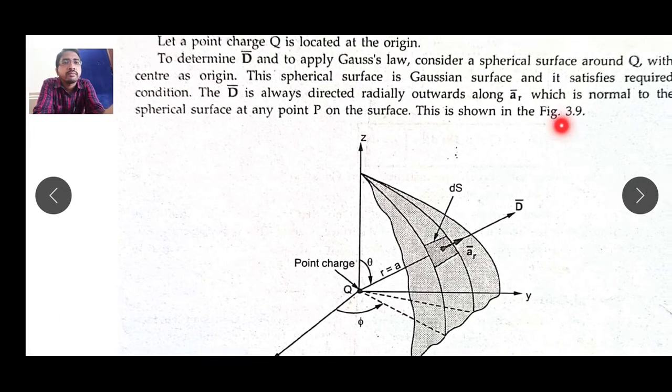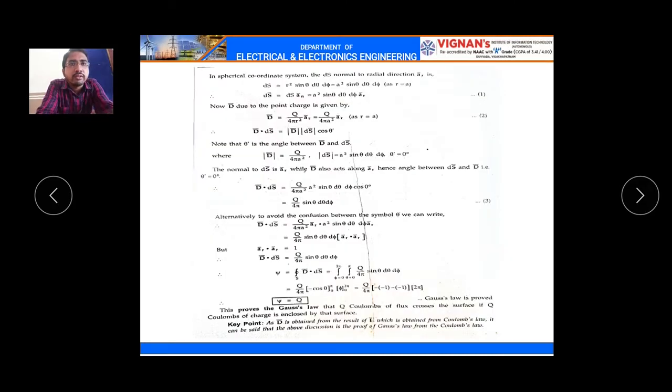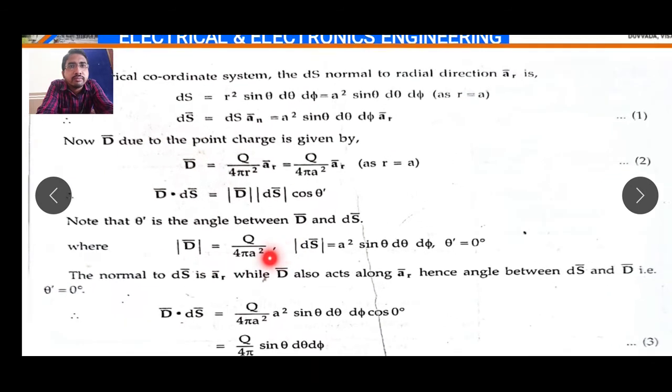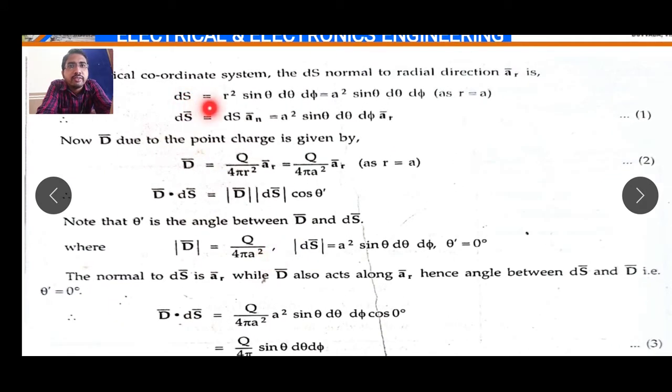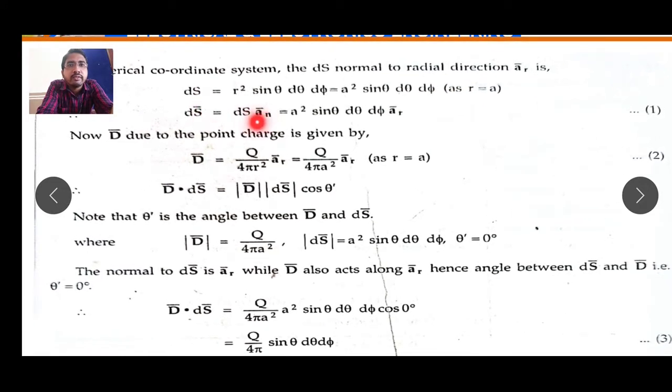Okay, these are the assumptions. Now, as we are considering the spherical coordinate system, the differential surface area in the a_r direction is r square sin theta d theta d phi, which we already learned in coordinate systems, and also dS bar is the magnitude of dS into a_n, that we know already.